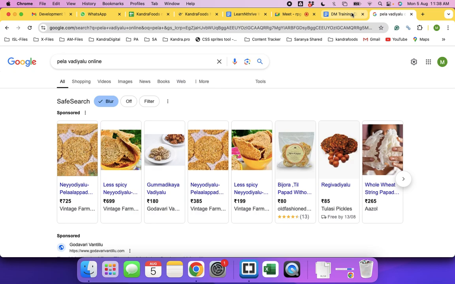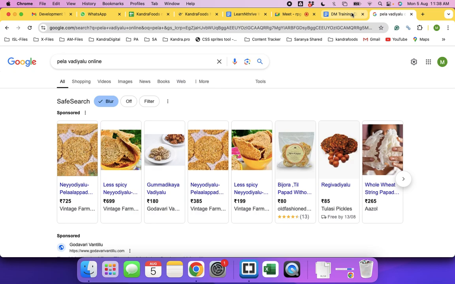Sindhi, Punjabi, people search Punjabi Papad also. Punjabi Papad. So I am applying all of this. I am creating negatives like this. So first you should understand what is a negative. Where is Srikakulam negative now?